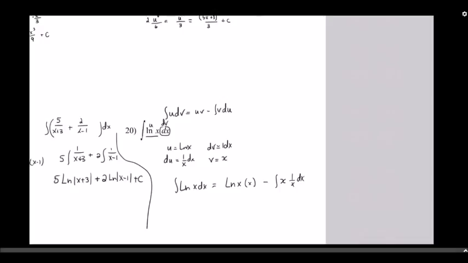I'm going to write this a little bit differently. We've got x times the natural log of x minus the antiderivative of dx, and that's x times the natural log of x minus, now the antiderivative of 1 dx, the antiderivative of 1 is x, so we've got minus x plus c.